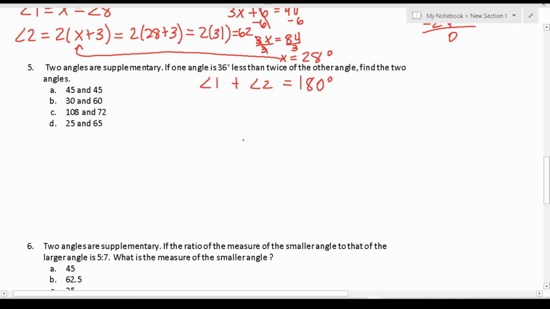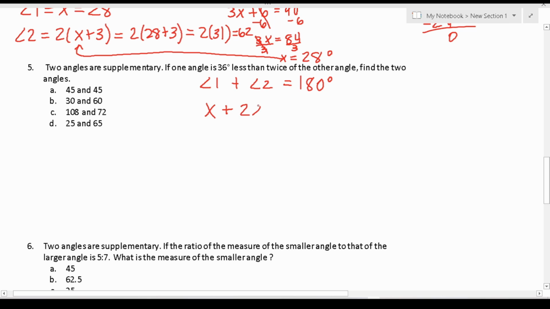And let's go ahead and try to write an algebraic expression that mirrors what's going on in this word problem. It says if one angle is 36 less than twice of the other angle. So I'm going to let one angle be x, which means the other angle is 36 degrees less than twice of the other angle.